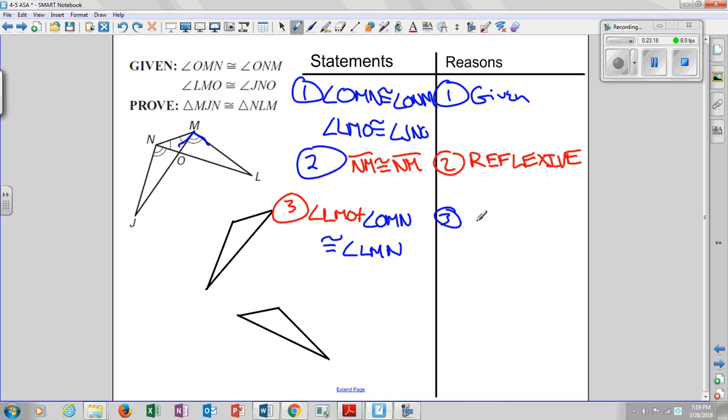And the reason for that is the angle addition postulate. That said that we can add two angles together that are connected to equal the bigger angle.